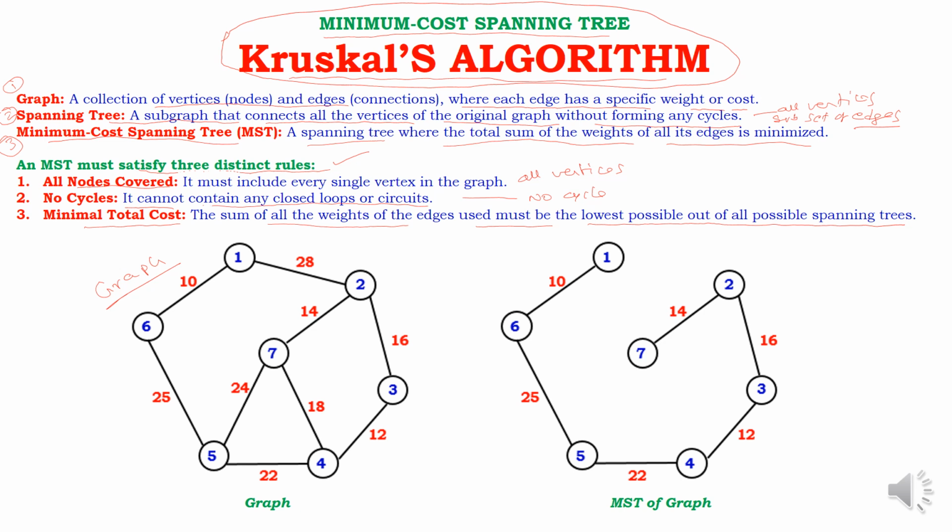From 2 to 3 there is an edge having weight 16, etc. There are many edges with weights, and using these we can create many spanning trees. But the minimum cost spanning tree is also shown here. We are going to create the minimum cost spanning tree from the original graph using Kruskal's algorithm.